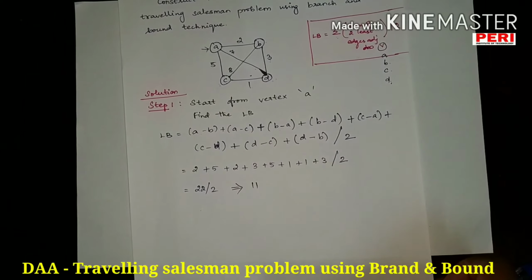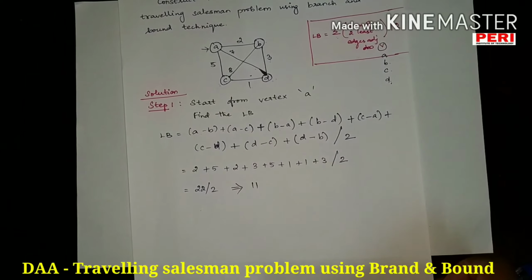The thing that you need to remember is, let me start from A and I will tell you clearly. The similar criteria that I followed earlier, I am going to follow here. For A, you are going to see what are all the edges adjacent to A with minimum cost.